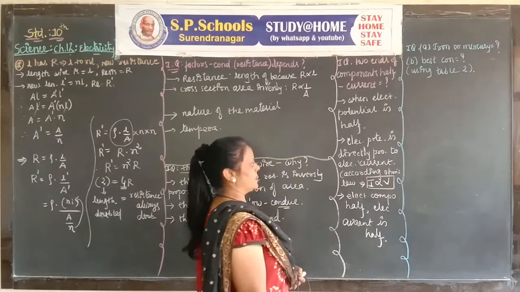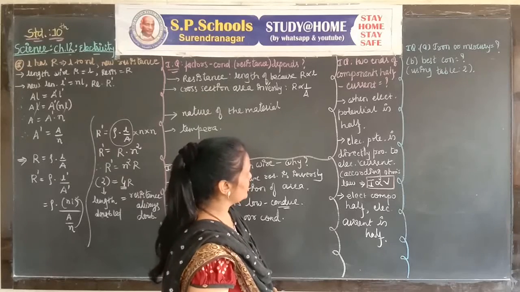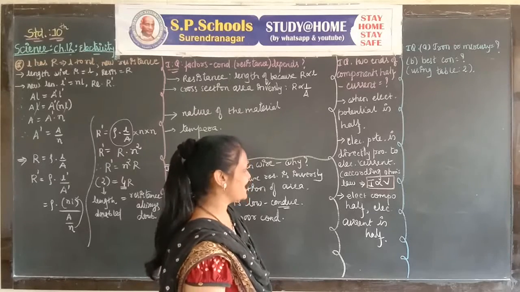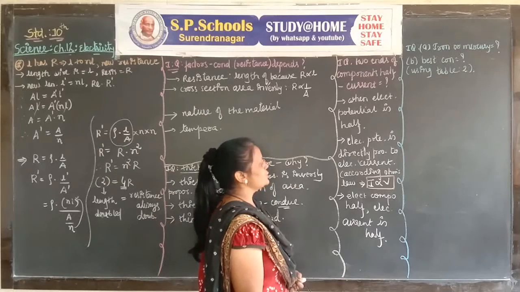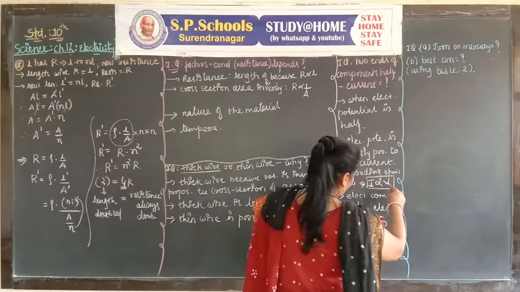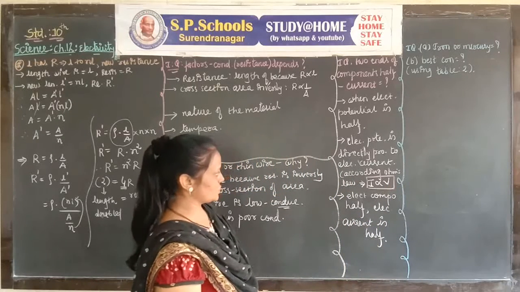In electric components, electric potential is directly proportional to electric current. When electric potential is half, the current will also be half.